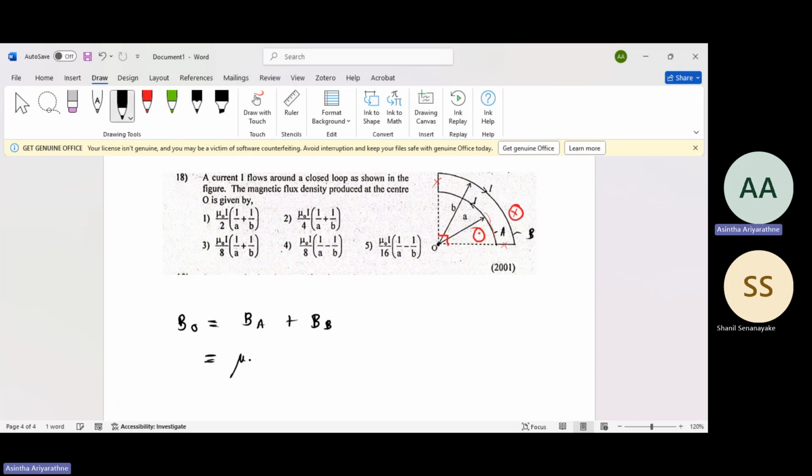Mu naught. So what is the basic expression that we know? Mu naught N I over 2R.